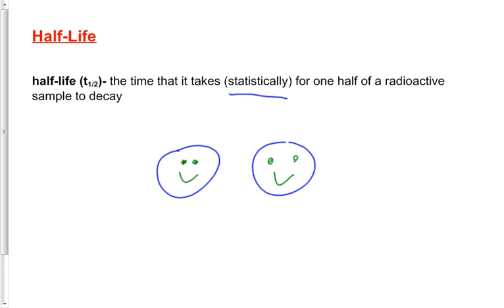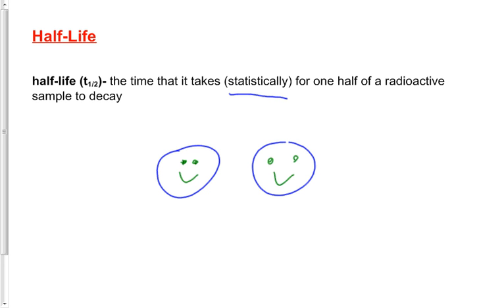The bigger the sample size, the more likely our prediction is going to be correct. All right. When we take a large group of radioactive elements, we know based on past performance approximately how long it's going to take for half of them to decay. We call that the half-life.